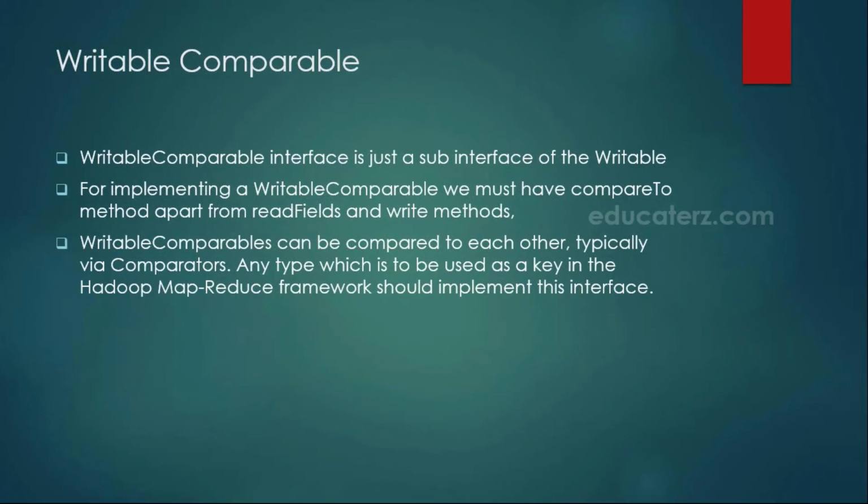That is why, to do this comparison, we have the compareTo and equals methods, which are available as part of WritableComparable. So WritableComparable must be used whenever you want to write a custom data type for the key. Writable is for the value, for the new custom data types.